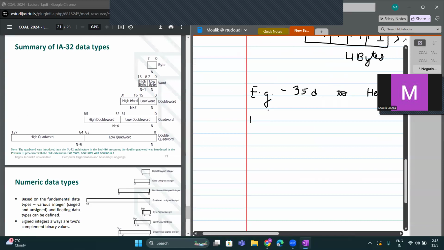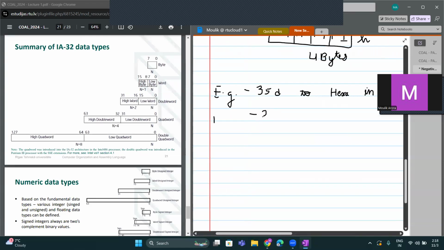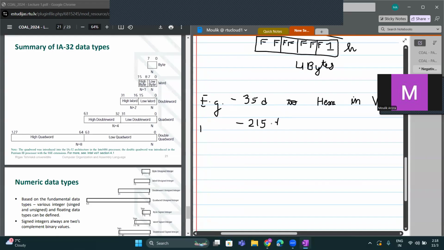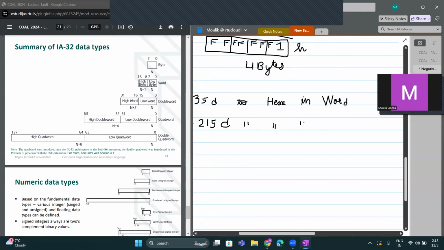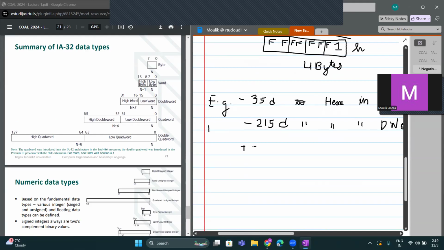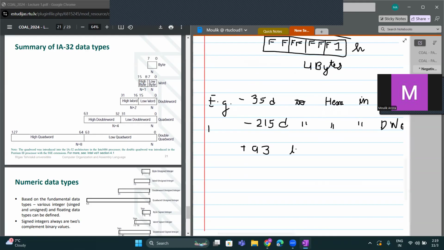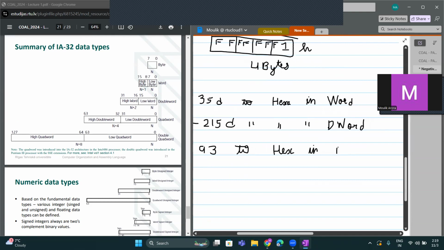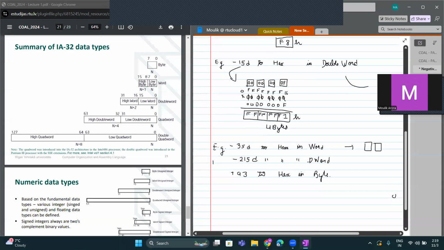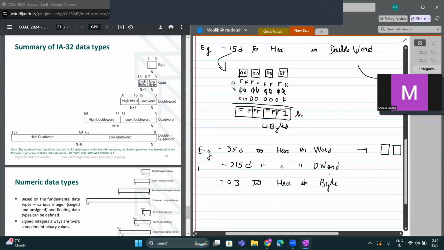And minus 215 decimal to hex in double word. And plus 93 to hex in byte. Just solve these questions and send me, and I will verify them. Then you can also ask some doubts if you have.